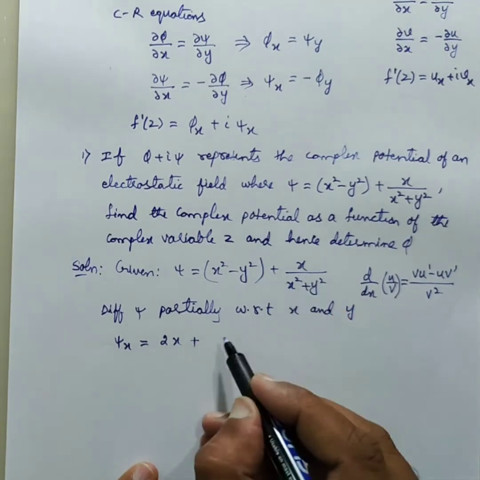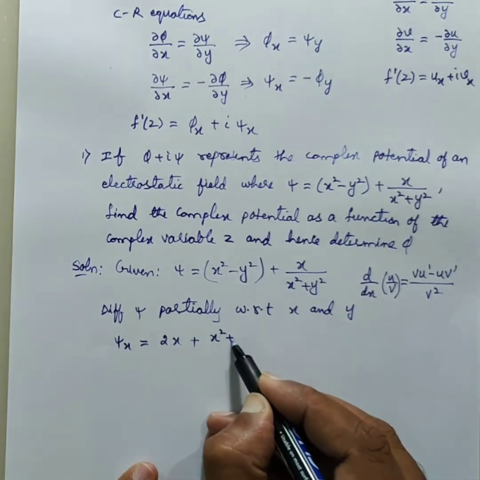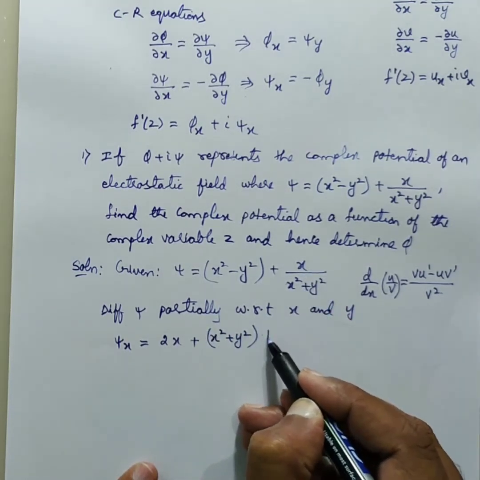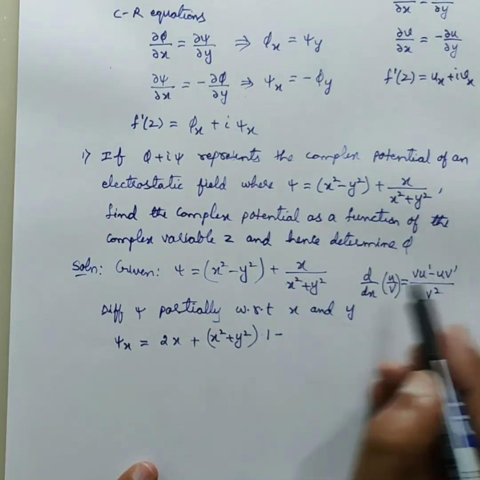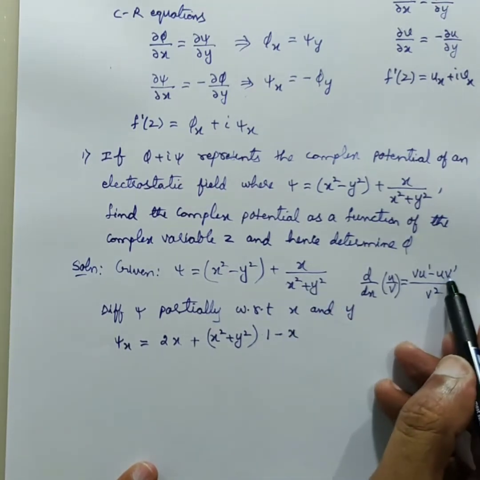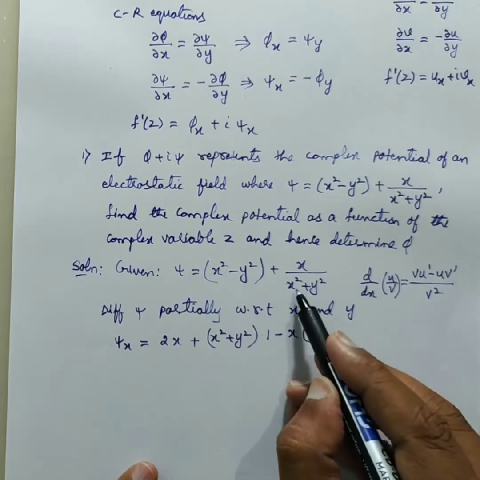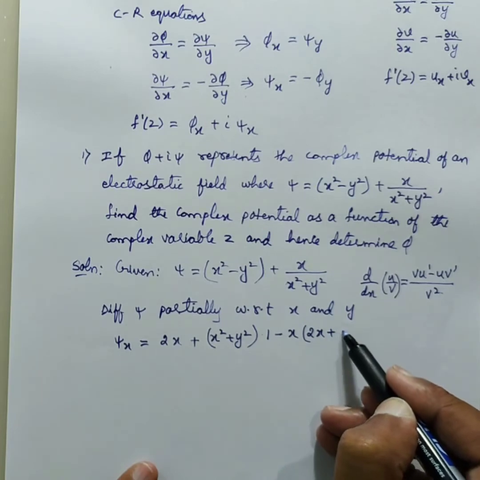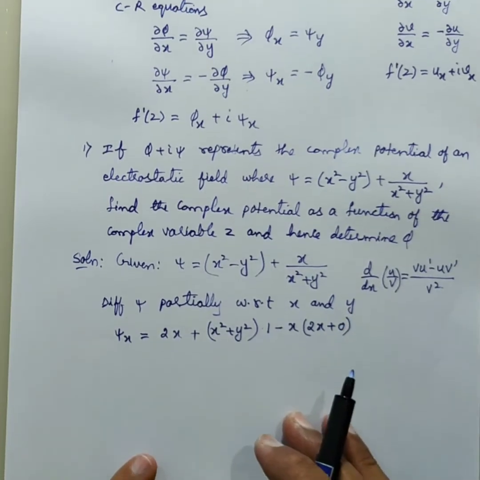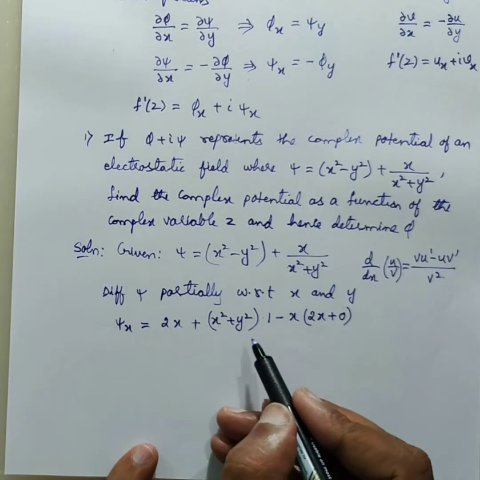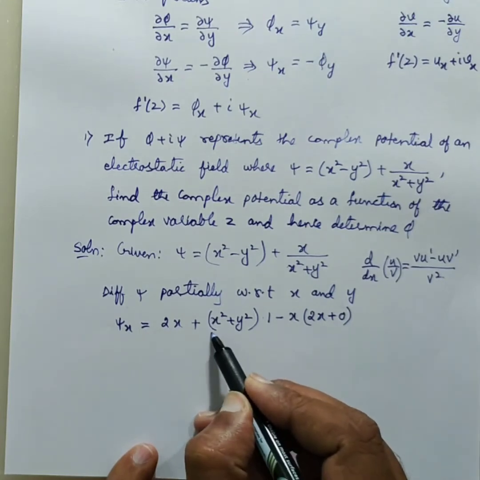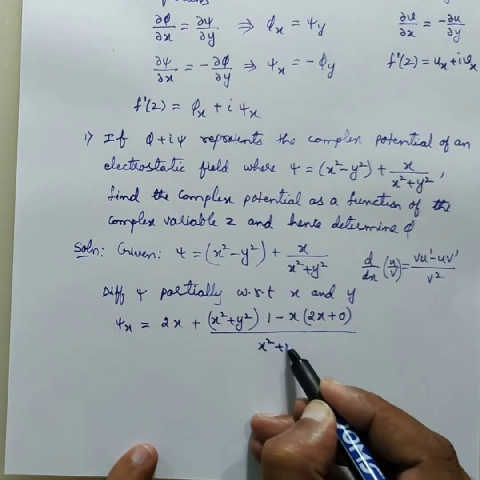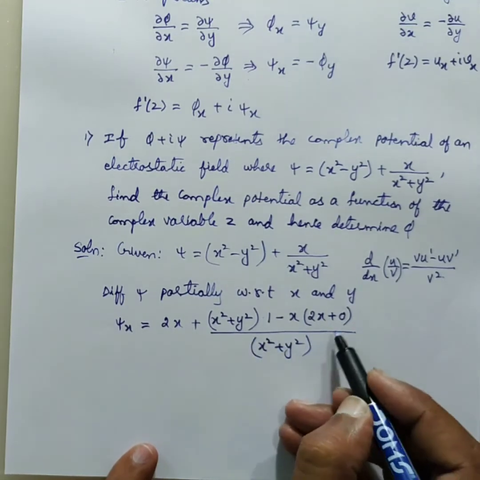So it is v into u dash, x square plus y square into differentiation of x will be 1, minus u into v dash, where u value is x. Differentiation of the denominator, x square differentiation will be 2x plus y is a constant, its derivative will be 0. It is whole divided by v square, so here it is x square plus y square whole square.